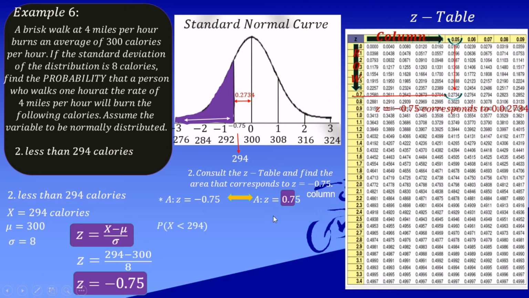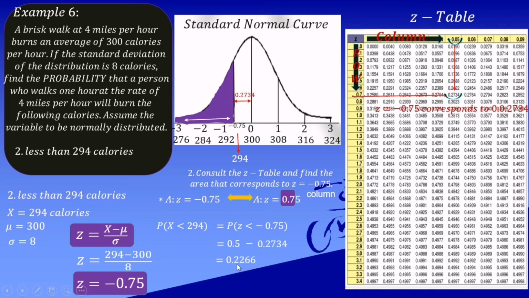Then to find the shaded region, we have the probability notation x is less than 294, less than ang term natin ginamit. Then this is equivalent to the z-score, z is less than negative 0.75. Then since half of the normal curve is 0.5, bawasan natin ng unshaded region, which is 0.2794.